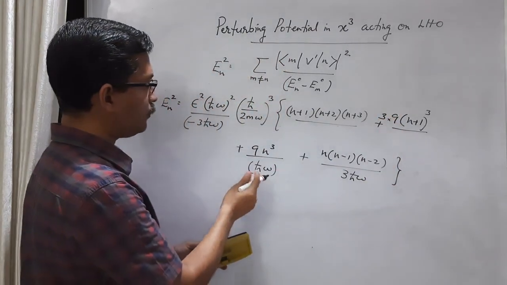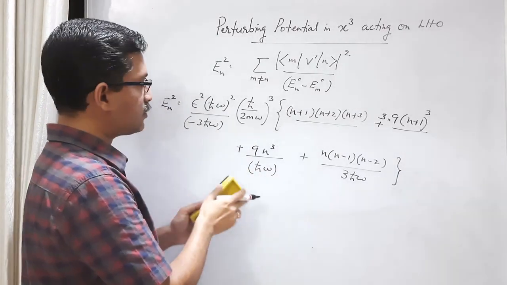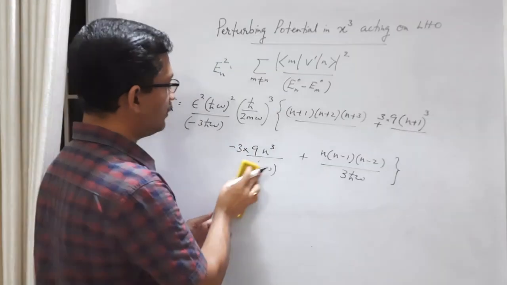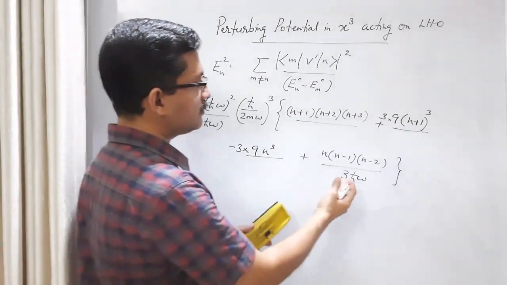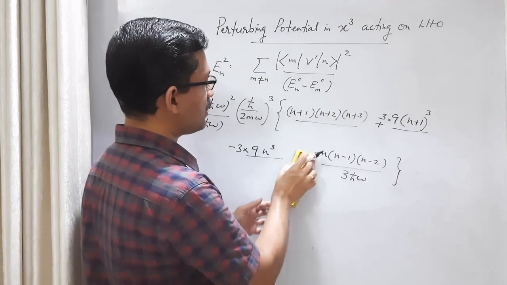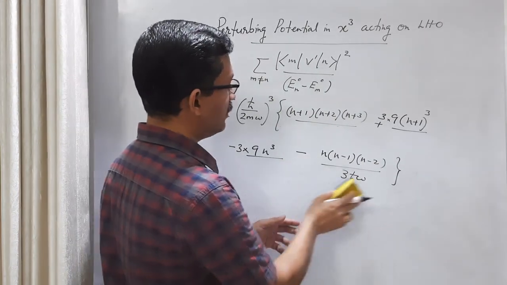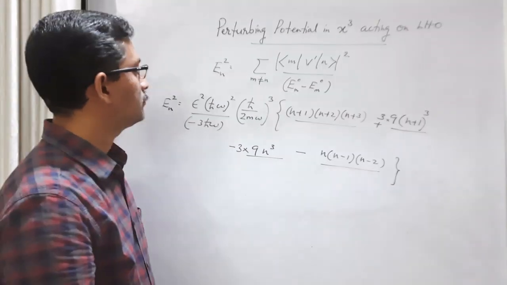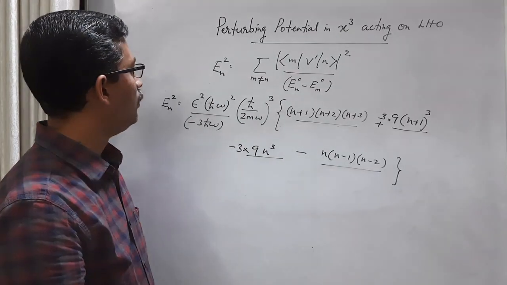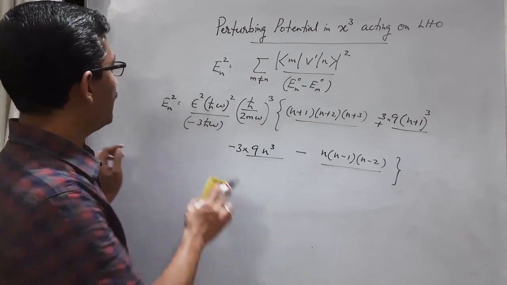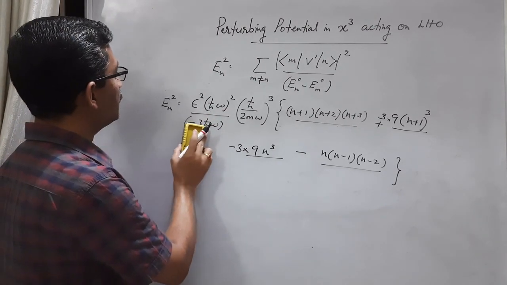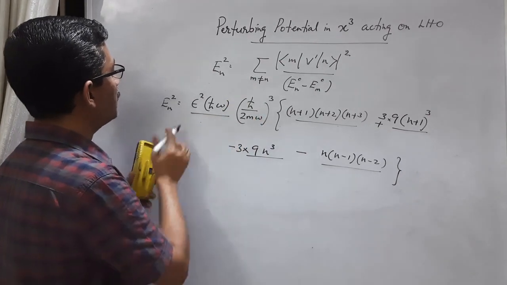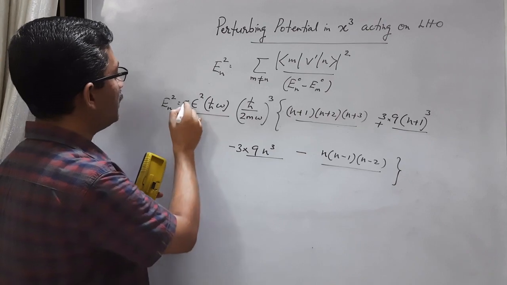Here also, when you take minus 3h cross omega outside, you have to multiply the numerator with a minus 3. And here, I have taken minus 3h cross omega outside, so the numerator is simply, here there is a minus sign. So 1h cross omega will cancel. There is a minus sign and a 3 in the denominator, so minus epsilon square by 3.